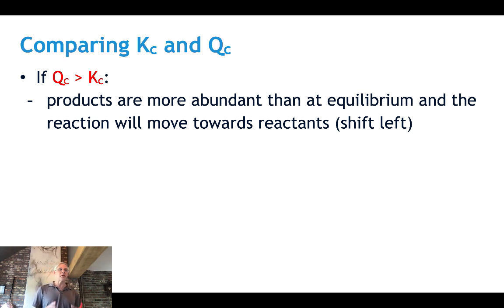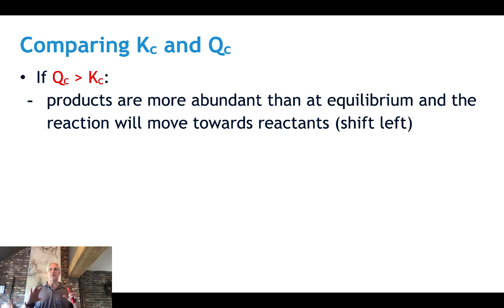So if you are doing a reaction, you don't know if it's at equilibrium. You take out your sample, you measure concentrations, you do a quick calculation. If you find that the Q value that you just calculated is greater than the K value, what it should be, what that means is you've got more products than you have reactants at equilibrium.